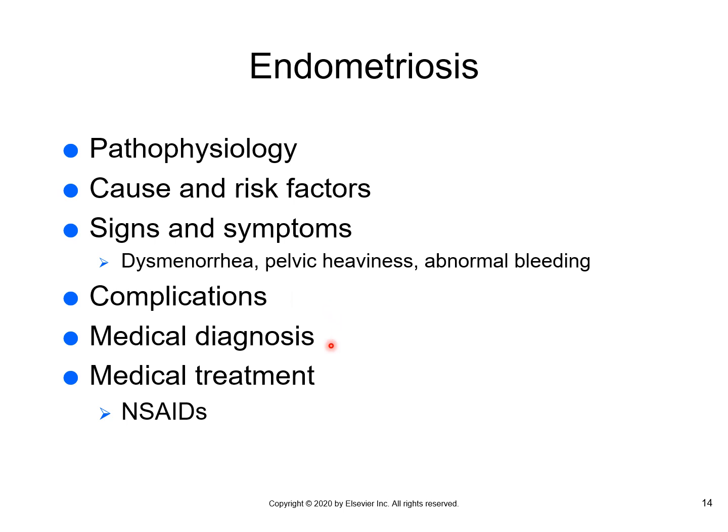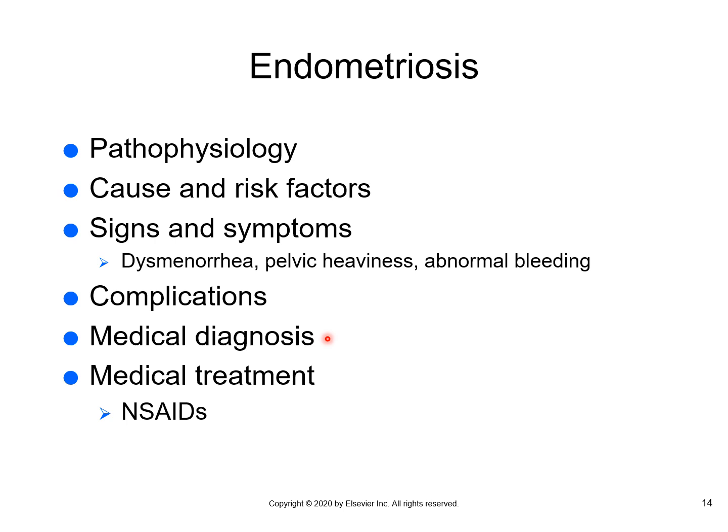How do we diagnose this? We do a laparoscopy. Okay, laparoscopy, the one that I showed you earlier on. If you look at figure 52.1 in page 1022, these are the common sites of endometriosis.